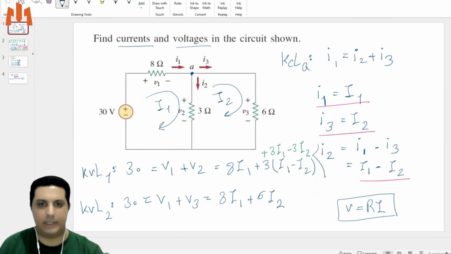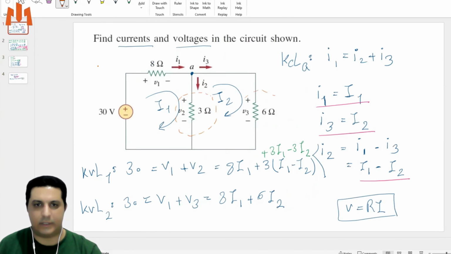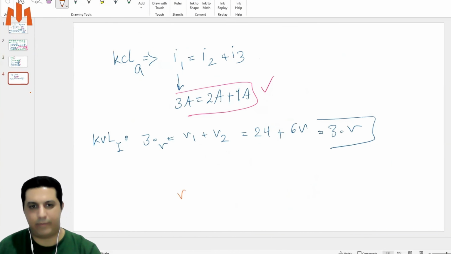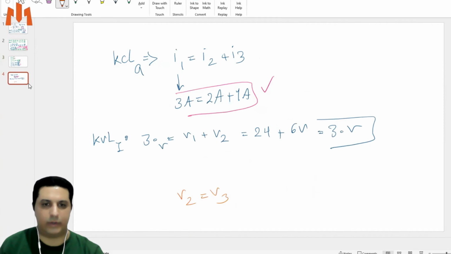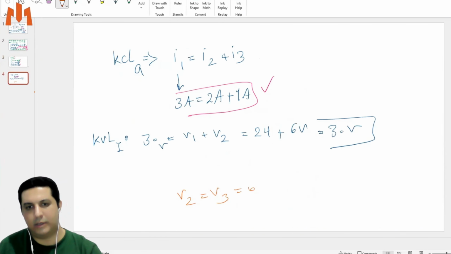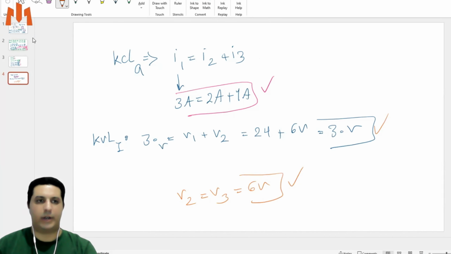And if you look at this, you can see this resistor and this resistor are in parallel. So it is very clear that V2 and V3 are equal. As you see, both of them are 6 volt. So all of them are true.